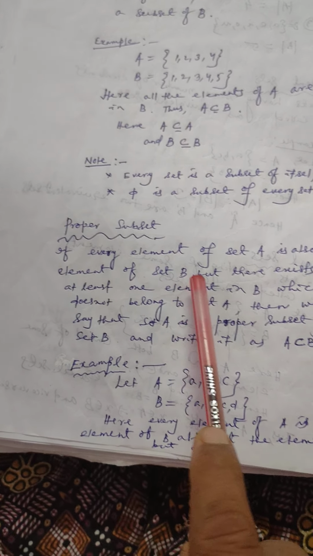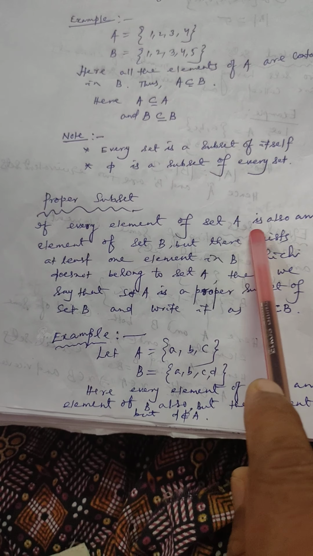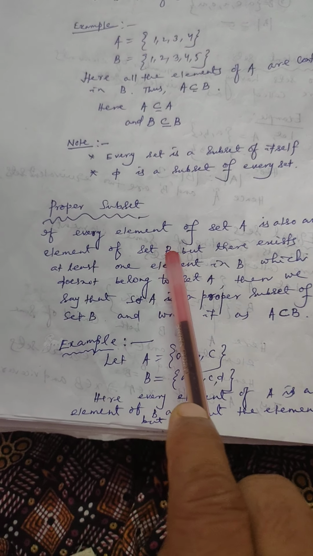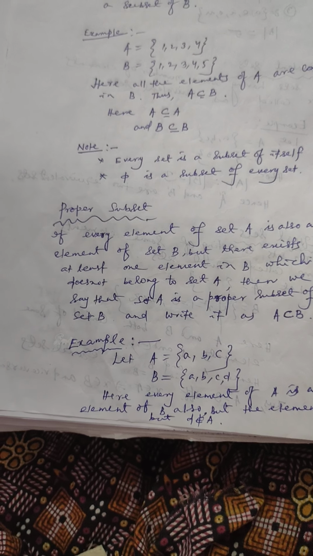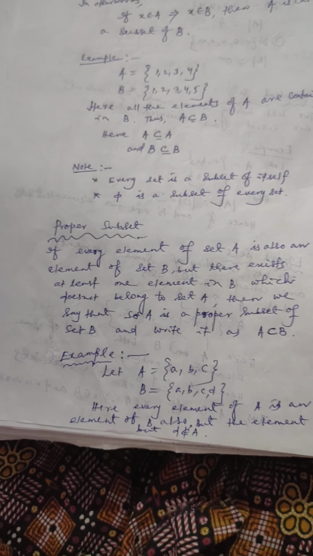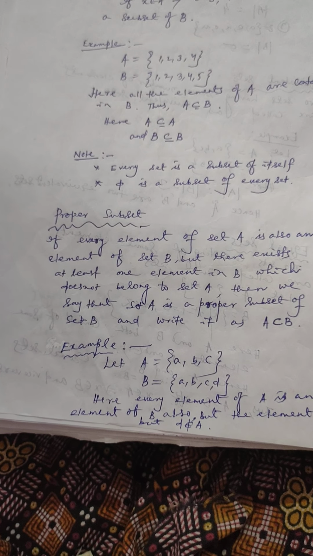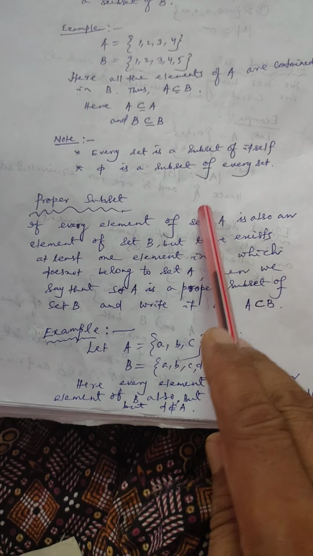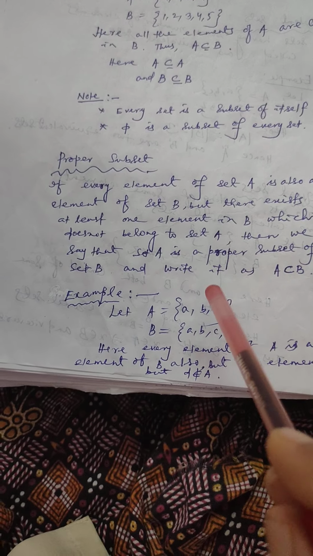Another type of set is proper subset. If every element of set A is also an element of set B, but there exists at least one element in B which is not in A, then we say that A is a proper subset of B, and we write it as A proper subset symbol B. We consider an example.